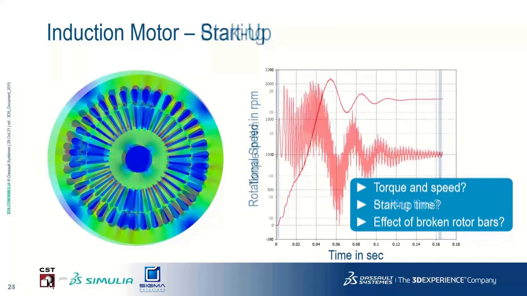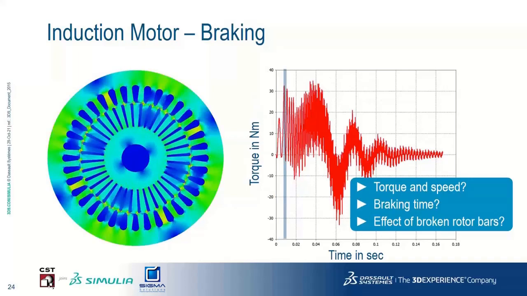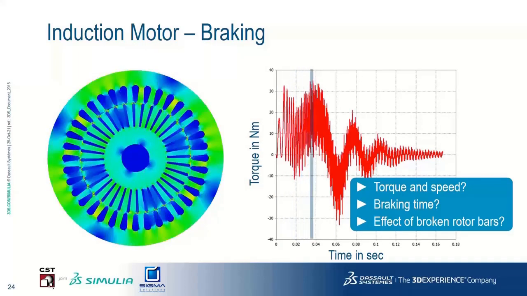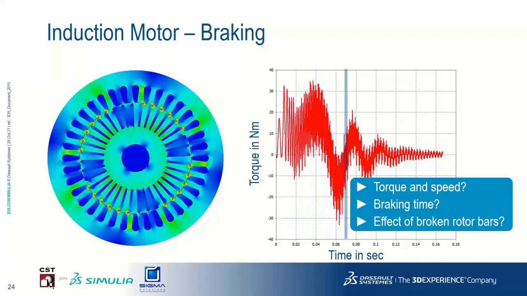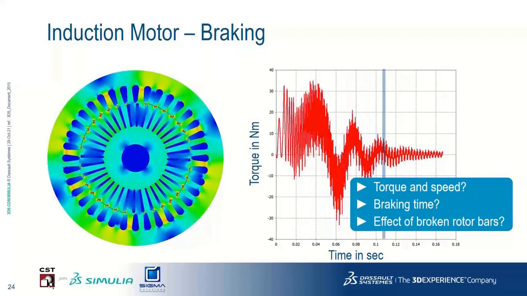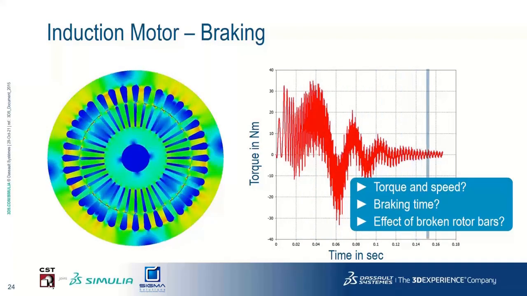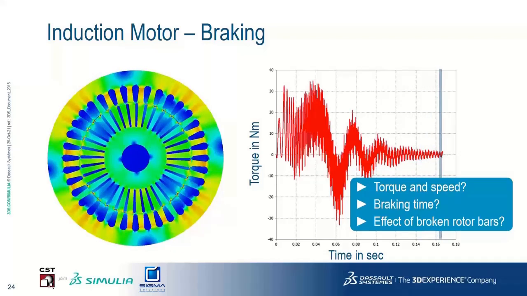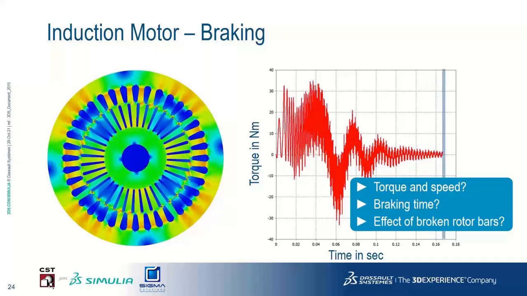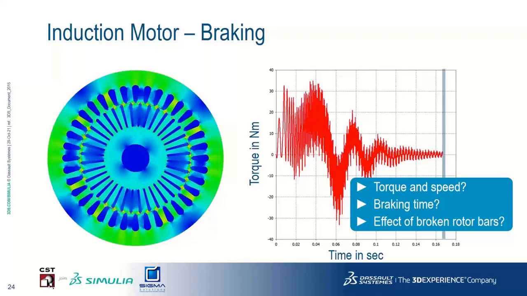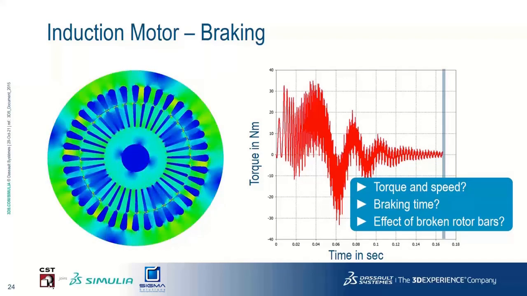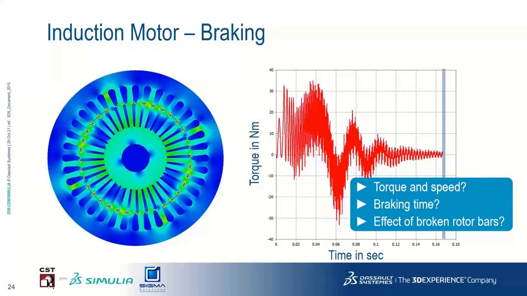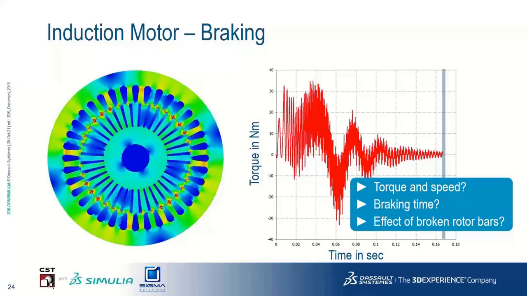Of course, we can also look at braking. So here you see the inverse. Here we're braking, and again, we look at the time. How long does it take to brake the motor? How does it affect torque and speed? And again, what if a part of the motor is damaged? What's going to happen? Will it still be able to brake properly, and so on?